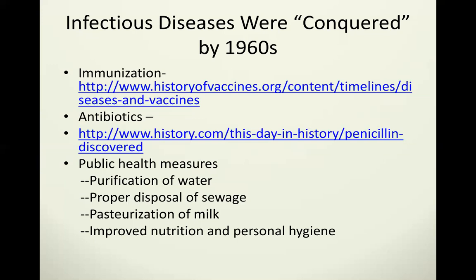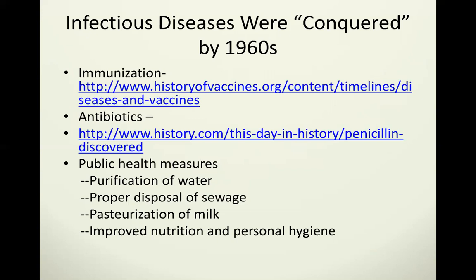Now, the problem with vaccines is if people don't get vaccinated, then the disease can come back because vaccines work off something called herd immunity. And I have a video in there that shows herd immunity. That's how you contain a disease, is that you get everyone's resistance up.